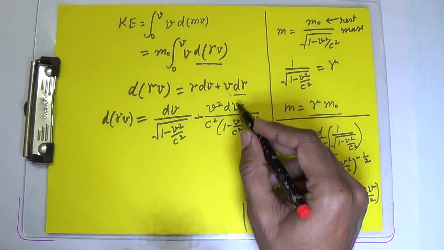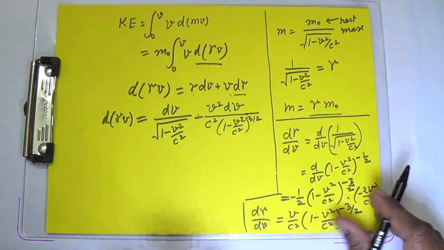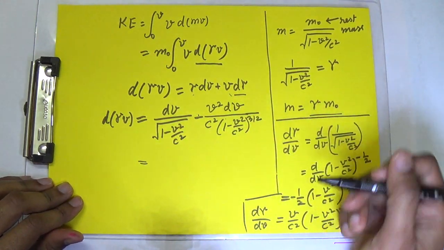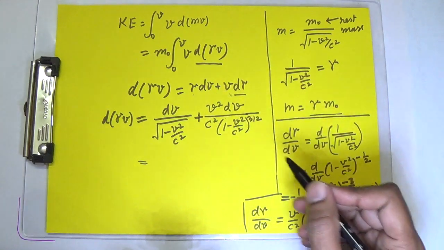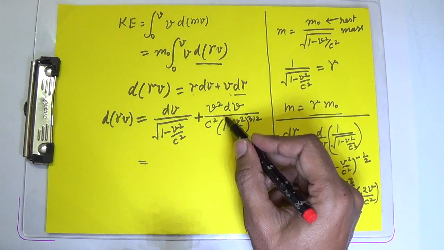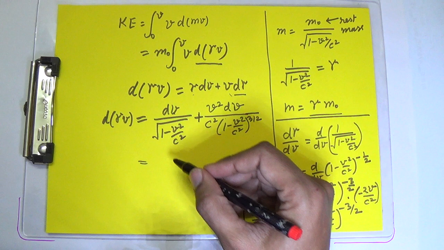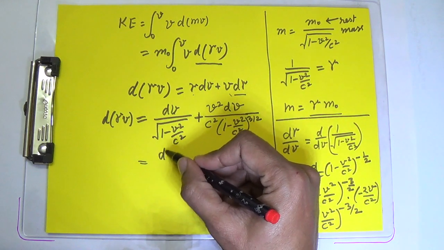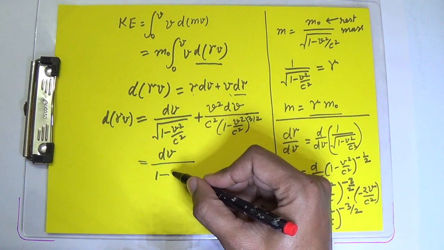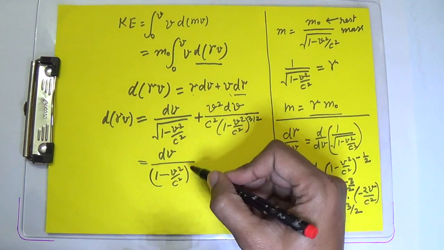I put that value of d gamma here, and further, this is plus, I am taking common dv upon (1 minus v square upon c square) to the power 3 by 2.